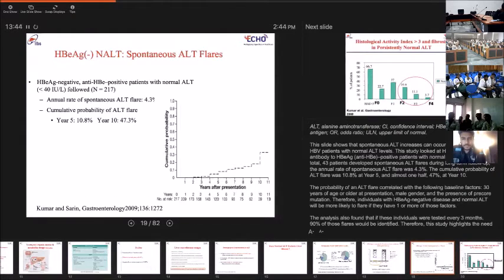The annual rate of spontaneous flare despite normal ALT is 4.3%, and the cumulative probability of ALT flare at 5 years and 10 years is 10 to 47%.